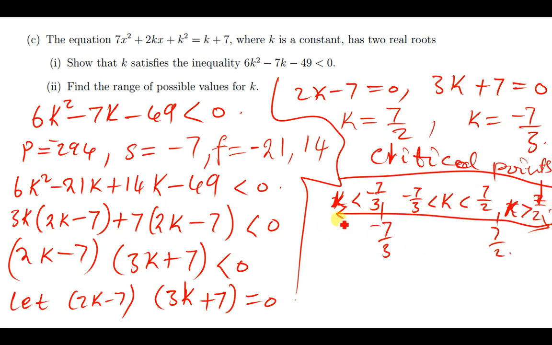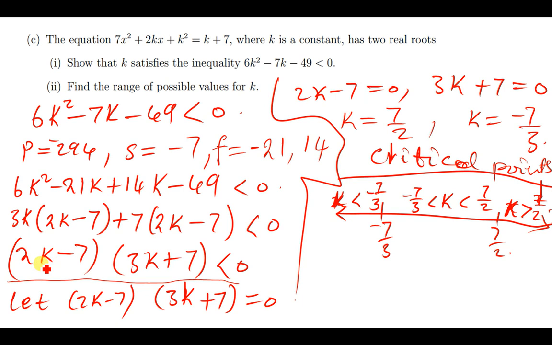So let's test any number that is less than negative 7 over 3, meaning the numbers on this side. We can take negative 4. When we put negative 4 in this expression, we have 2 times negative 4, which gives negative 8.